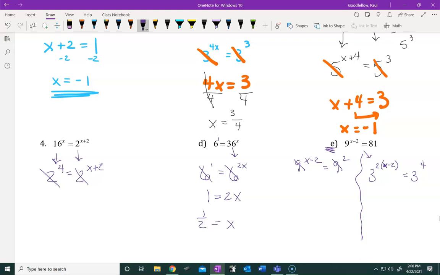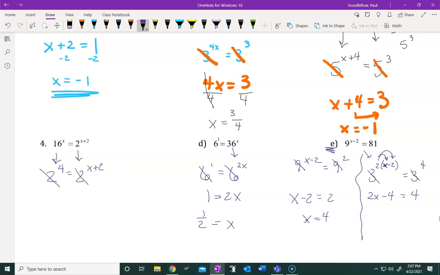Now, here's the funny thing about these. Each of these 2 questions should yield exactly the same answers. x minus 2 equals 2. And if I add 2, I'd get 4. That one seemed like the easier way to do it. This one, the 3s would cancel, and you'd get 2x minus 4 with that distribution up there at the top would equal 4.